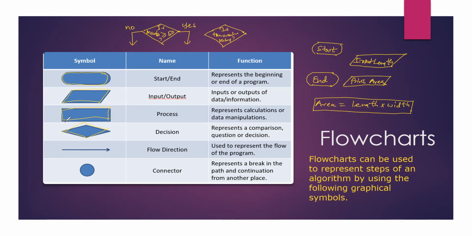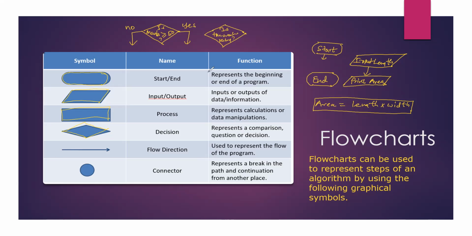Then there are flow directions. You start, then go to input, and then print area. To indicate what connects to what, we use flow lines, which are arrows.